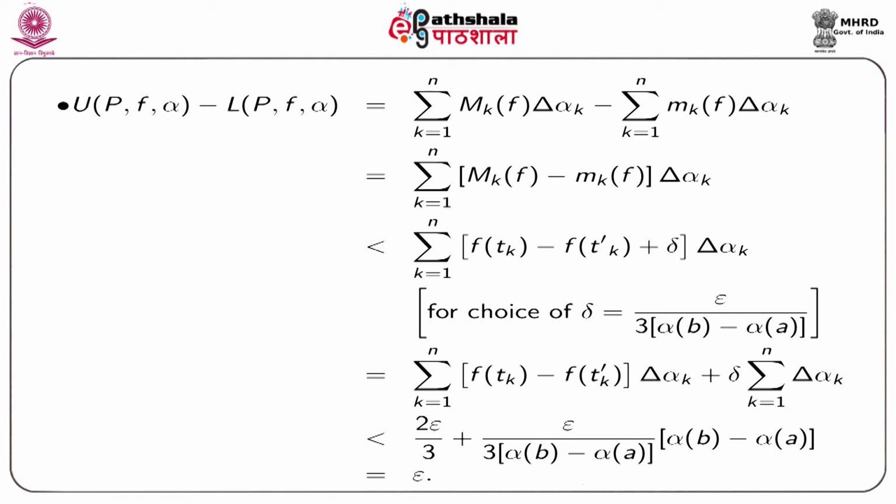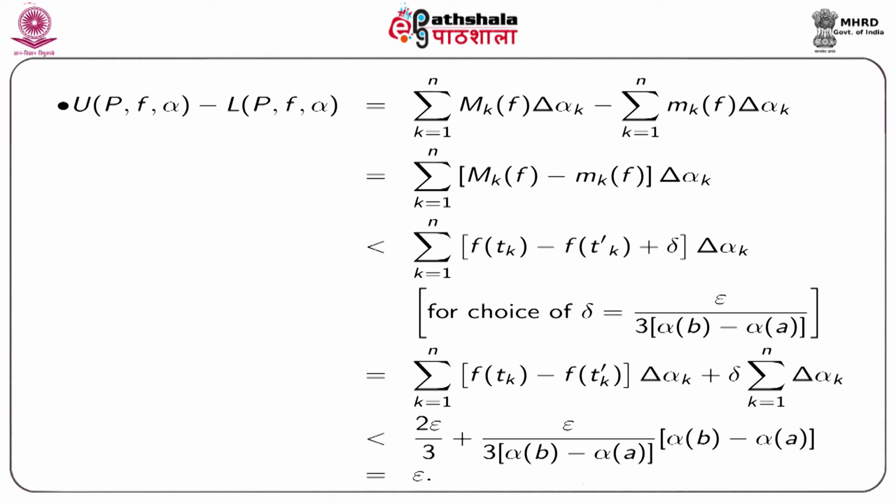and this is equal to sigma k equal to 1 to n mod f t k minus f t k dash delta alpha k plus delta into sigma k equal to 1 to n delta alpha k.